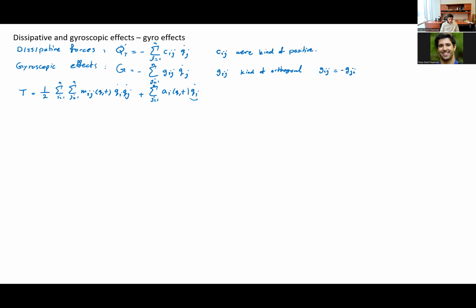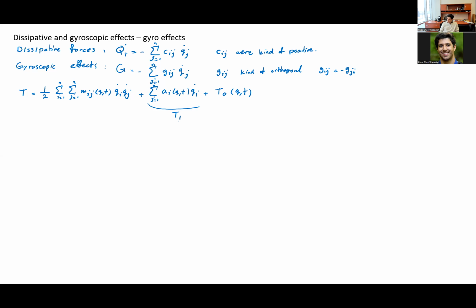This is multiplied just by q dot. And we had another term, let's call it T0. And this is, let's call it T1. This is where these gyroscopic effects originate.